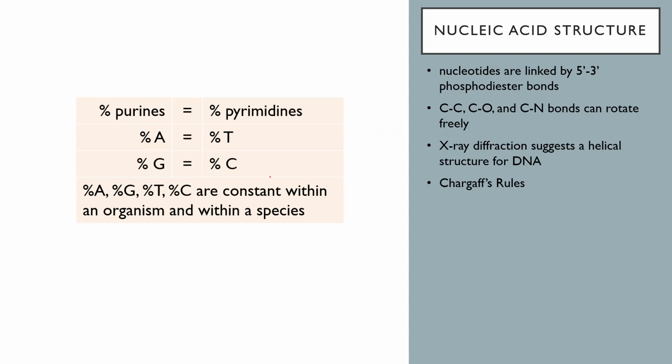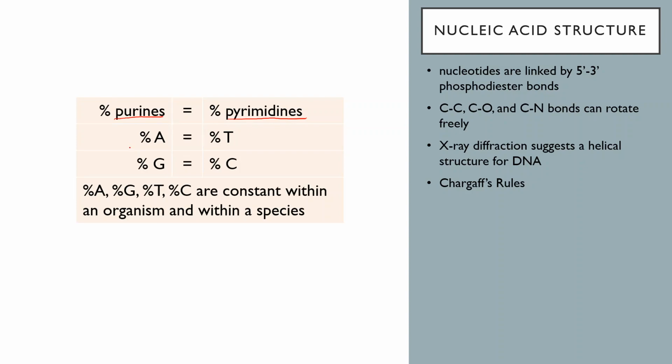For one thing, whenever he measured the relative amounts of purines in a sample compared to the number of pyrimidines in a given sample of DNA, they were always the same. Every sample was always about 50% purines and 50% pyrimidines.